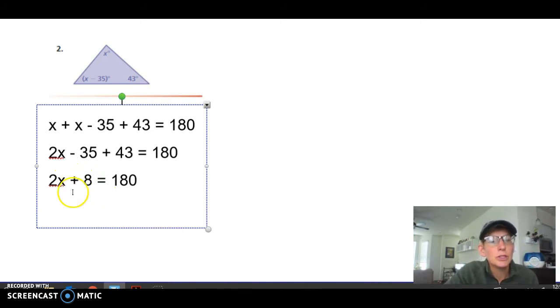we are going to, just like we did last time, subtract our constant away from the side with the variable. So we'll still have 2x, but we're going to take that 8 away from the left side, and take it away from the right-hand side, from the 180. So 180 minus 8 leaves us with 172.